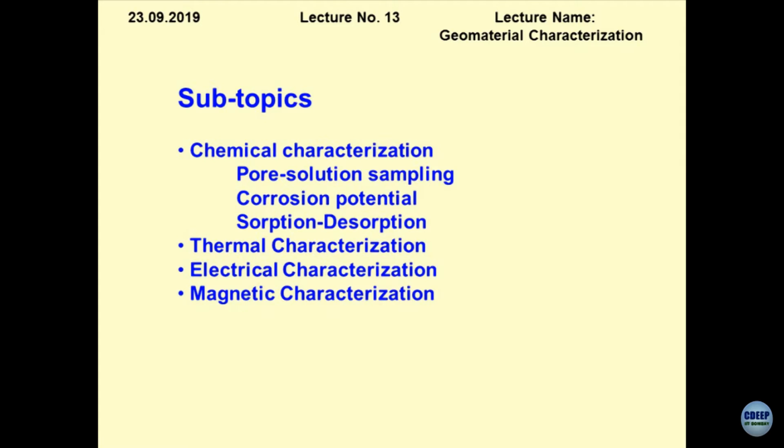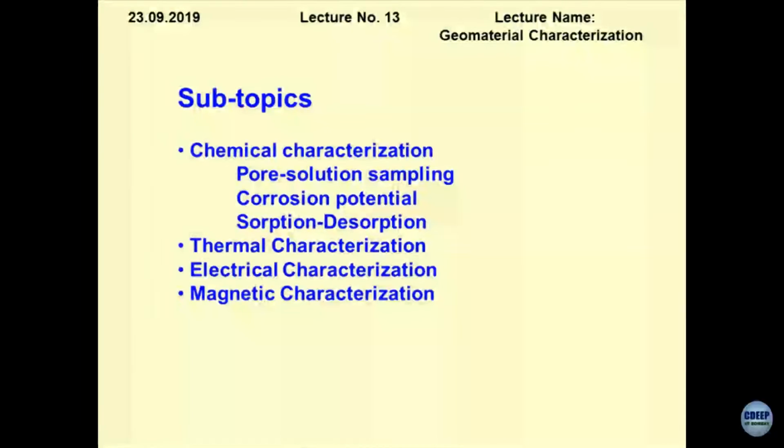All the buried structures in the soils have to be in contact with the severity of the soil, and hence the corrosion of buried structures because of the aggressive soil environment is becoming very important, and hence I will spend some time describing the corrosion potential of the geomaterials, and based on this the classification scheme has been developed.